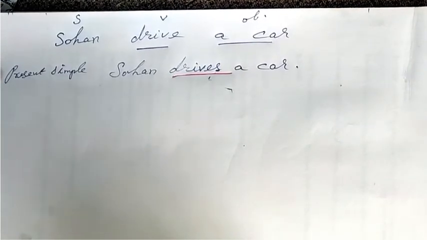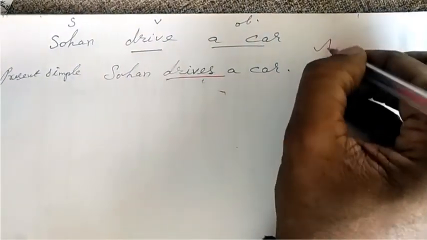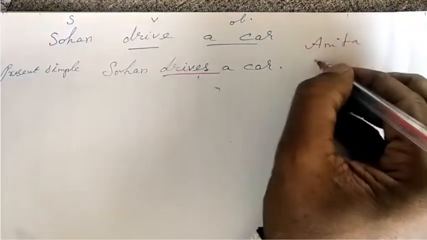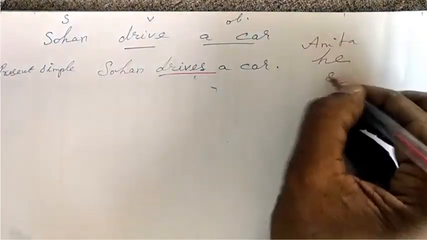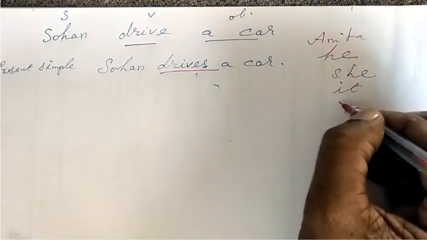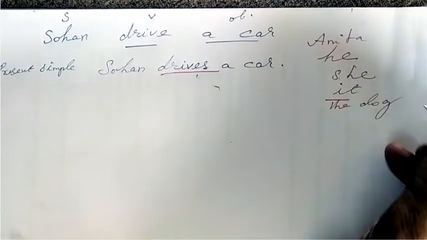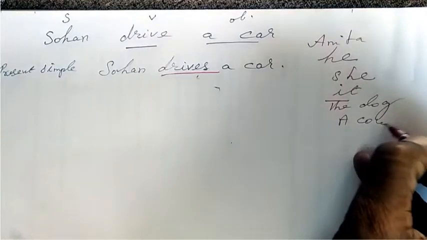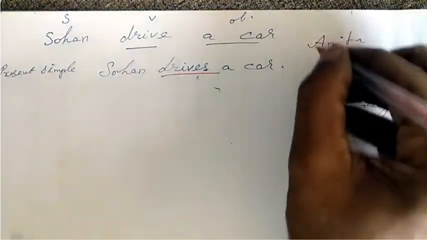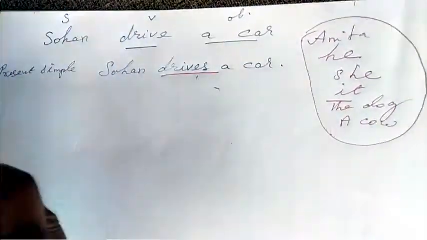Other similar words that are 3rd person singular, it can be name like Sohan, Anita, the word he, the word she, the word it. It can be animal, let us say the dog, a cow, whatever. All these are 3rd person singular. This is present simple tense.